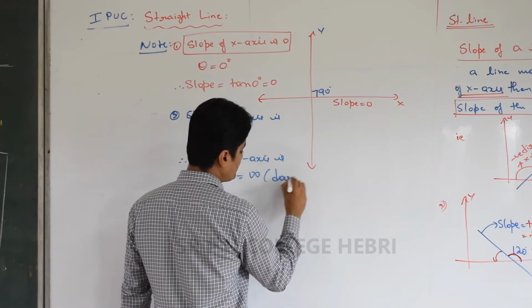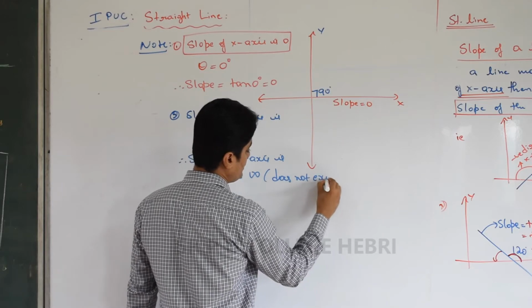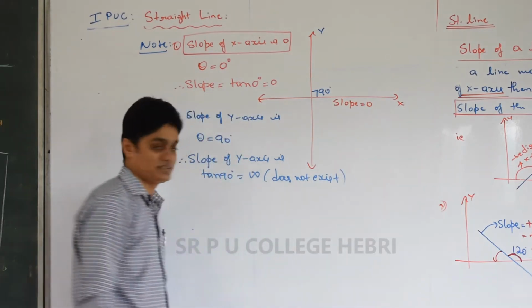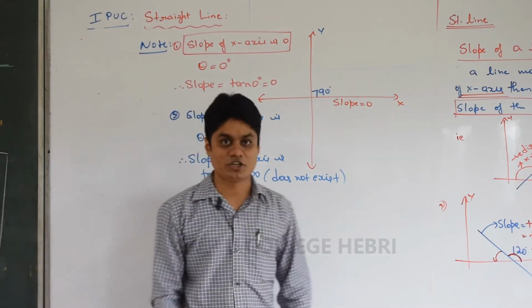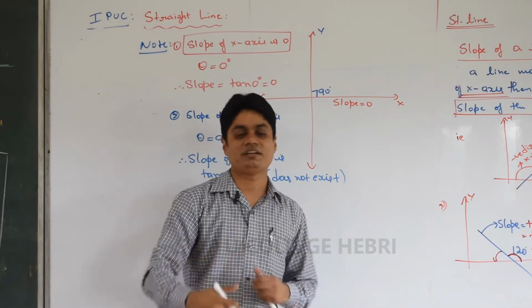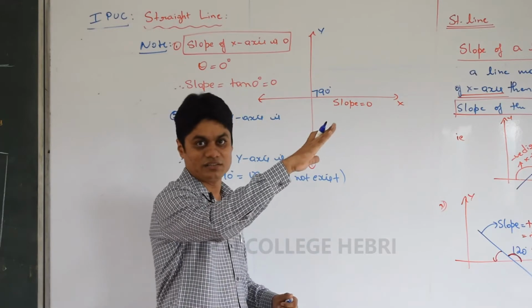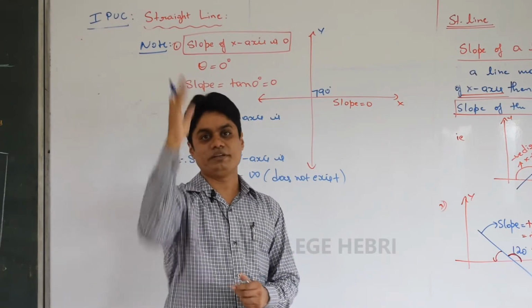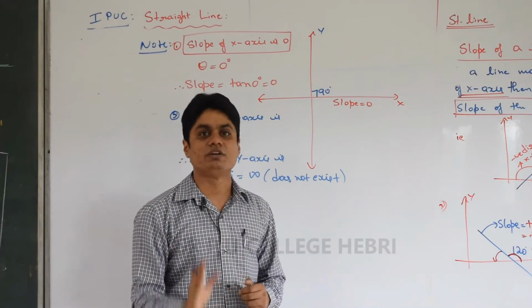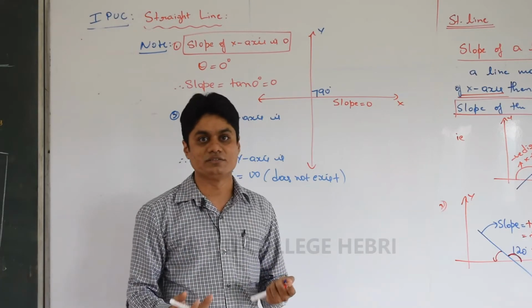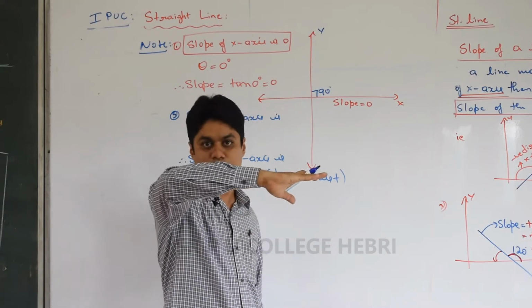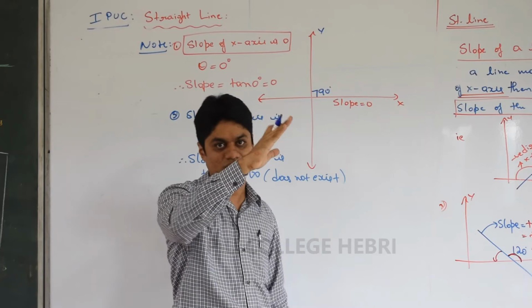What do you mean by infinity? Does not exist. So remember, the slope of the y-axis does not exist. Generally we talk about a slope road. A vertical road, you cannot travel on it. Why? Because the slope does not exist. To travel, the slope should be 0, horizontal, or a slight slope.